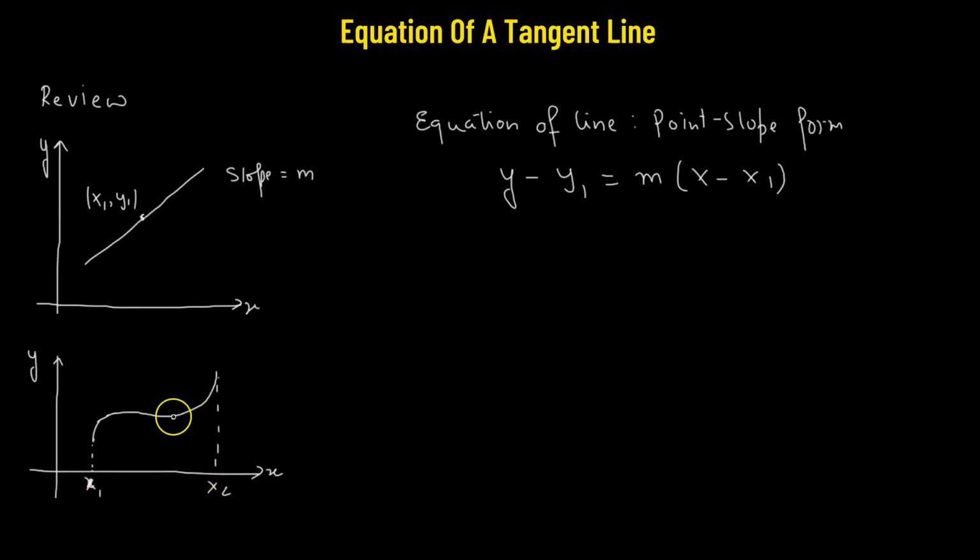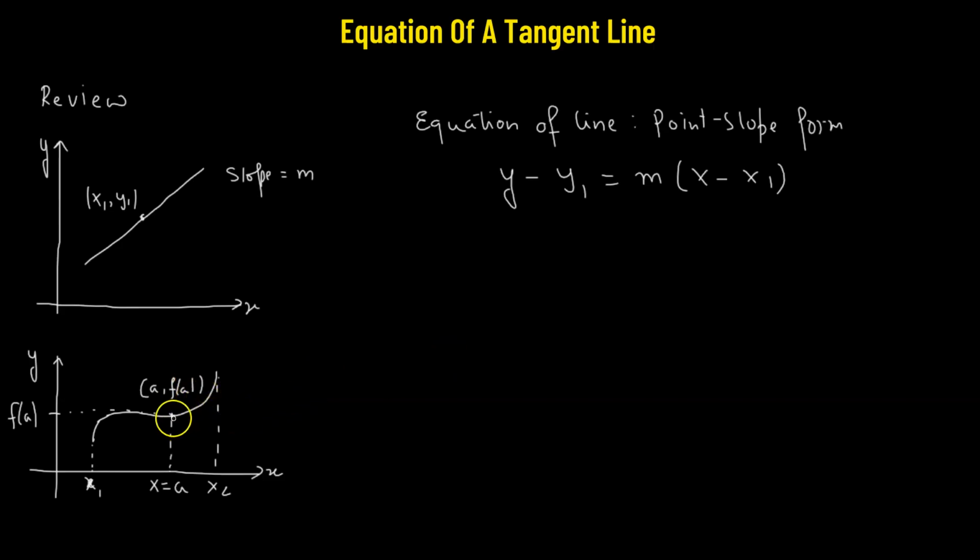Now we will consider a point on this smooth curve, defined at x equals a, which has a corresponding y value of f of a. So the coordinate of this point is a, comma, f of a.